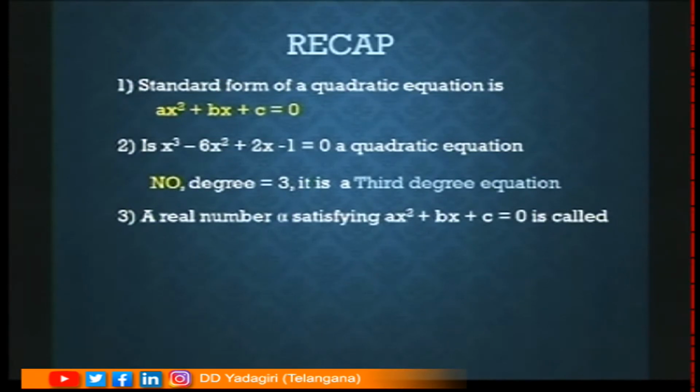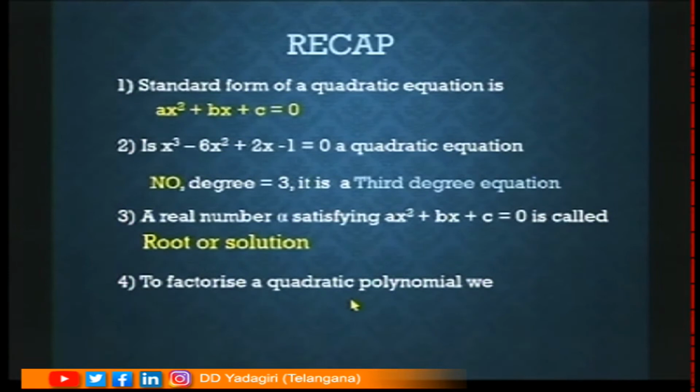The third point: a real number alpha satisfying ax square plus bx plus c is equal to 0 is called a root or solution of a quadratic equation. Now, the last one: to factorize a quadratic polynomial, we split the middle term.